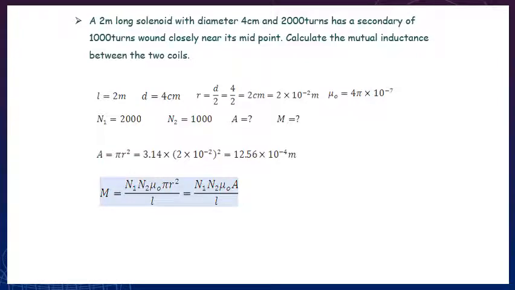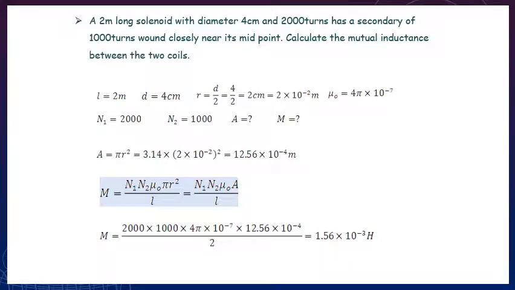So instead of solving area separately and putting it back into the equation, you can directly substitute your pi r square in the expression itself. Your mutual inductance M is given as N1 N2 mu naught pi r square divided by L. So as I told, pi r square can be directly substituted, or you can calculate area pi r square separately.